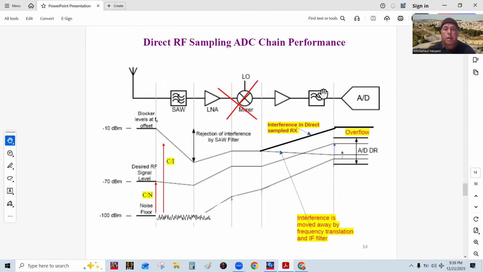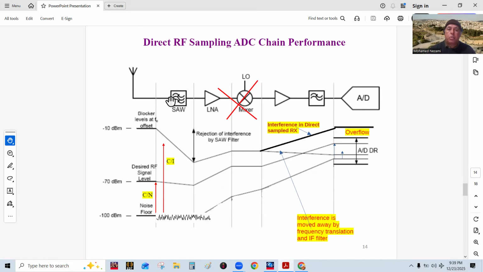This is a block diagram that shows the progression of the largest signal level that the antenna may pick up, and then we have the desired signal, and in this case I put some numericals, okay, and then we have the noise floor. And so throughout these stages, now if you're in the old method of doing a single conversion heterodyne, for instance, in here, now notice that the blocker in here, okay, usually it has a certain distance away from the desired signal.